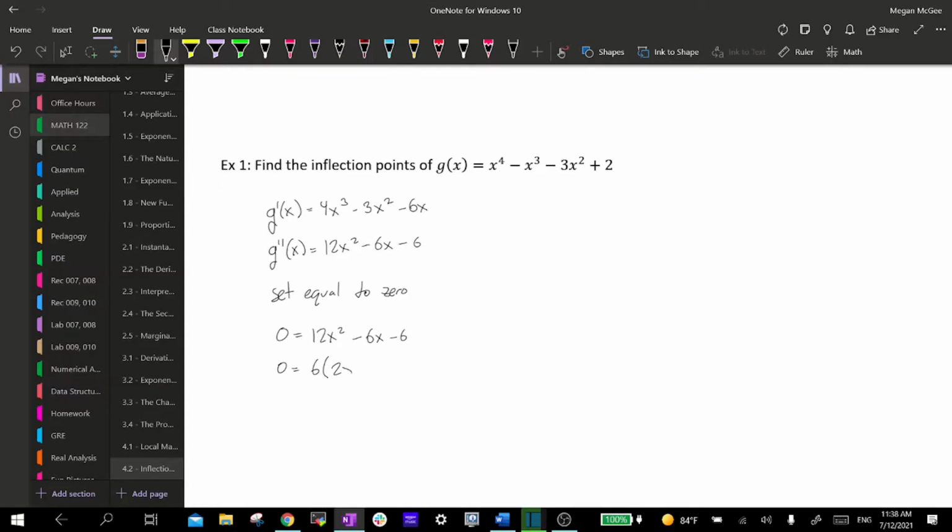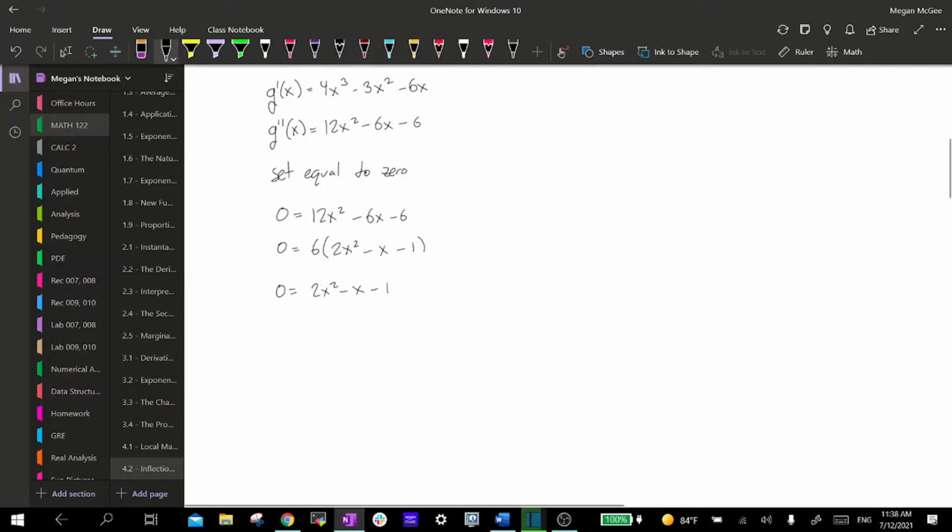So if we divide by 6, we'll get 0 divided by 6, which is just 0. We're left with 2x squared minus x minus 1, which we can factor.